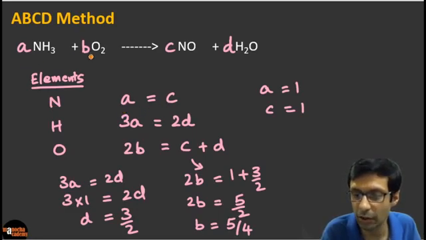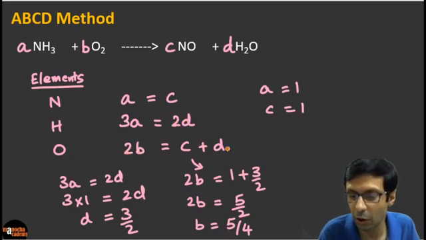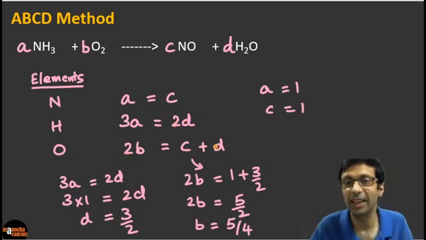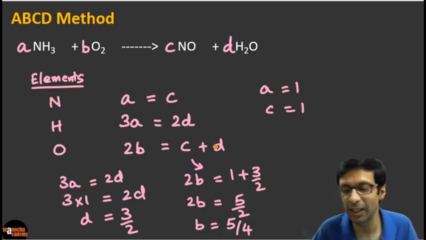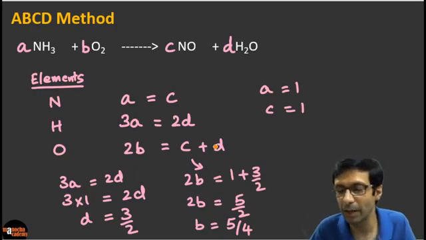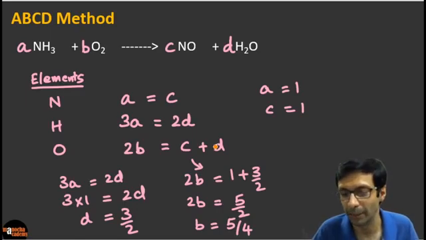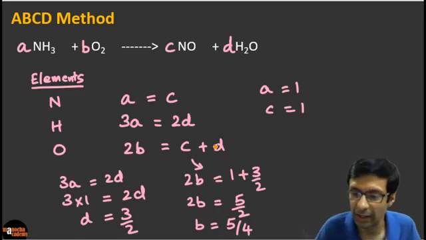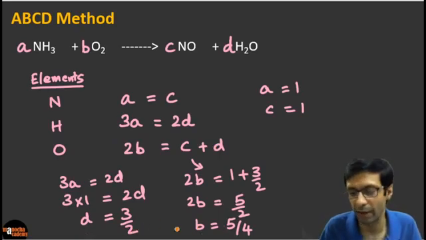So we use this equation A equal to C. Then we have 3A equal to 2D. And using the oxygen equation, we have this. And then whichever coefficient is occurring the maximum number of times, so here you can see A occurs the maximum number of times, so we're going to take A as 1. And so C is also 1. And then solving, we got D is 3 by 2. And solving this simple one, you got 5 by 4.